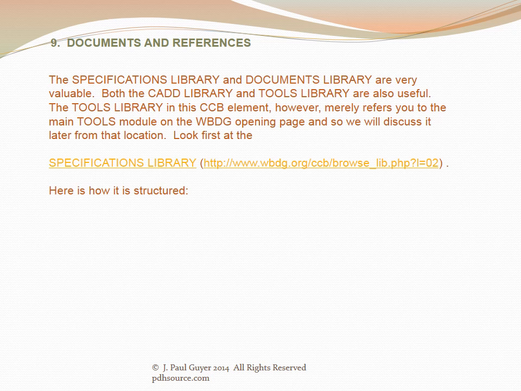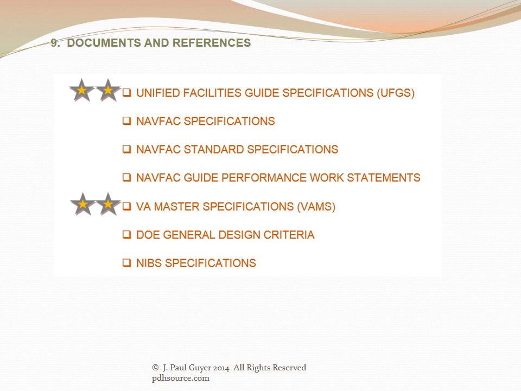Let's look first at the specifications library. Here is how it is structured: Unified Facilities Guide Specifications, NAVFAC Specifications, NAVFAC Standard Specifications, NAVFAC Guide Performance Work Statements, VA Master Specifications, DOE General Design Criteria, and NIBS Specifications.